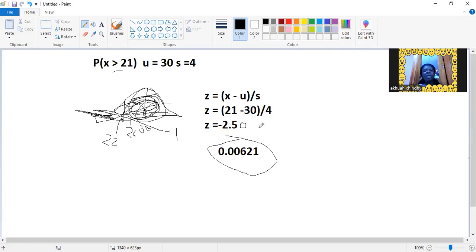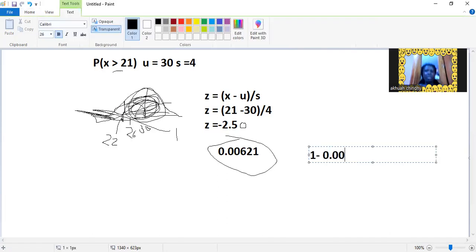All right, so our answer will be 1 minus 0.00621, which will give us... okay, so there's a mistake somewhere. This one is supposed to be negative 2.25. So my calculator made a mistake.